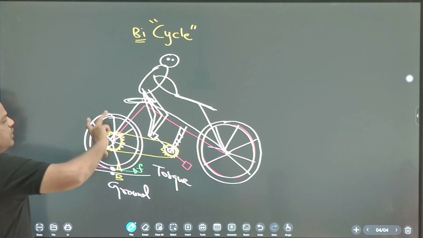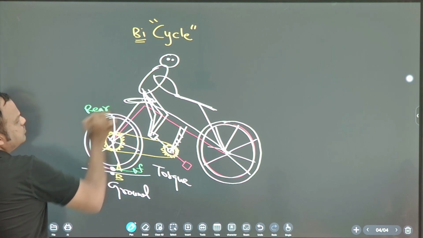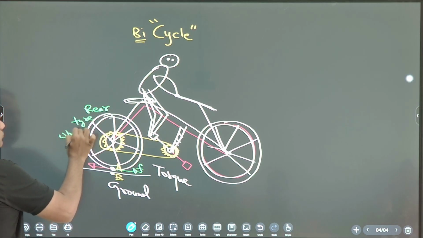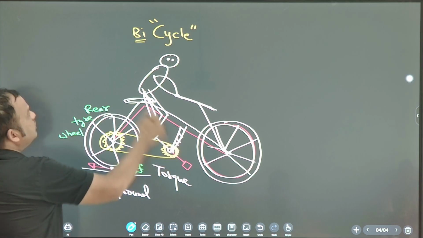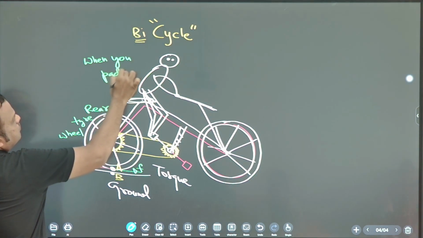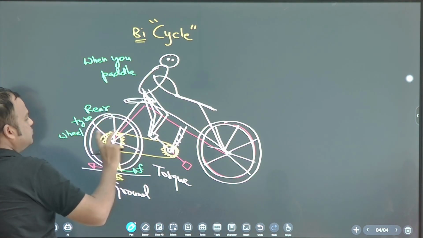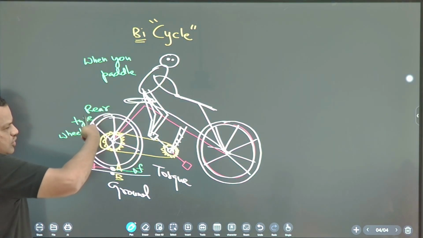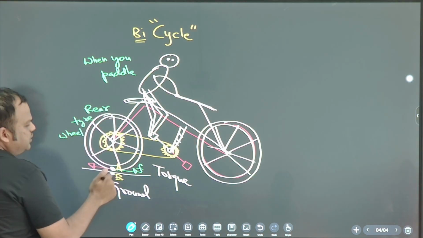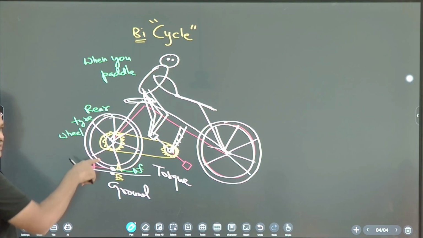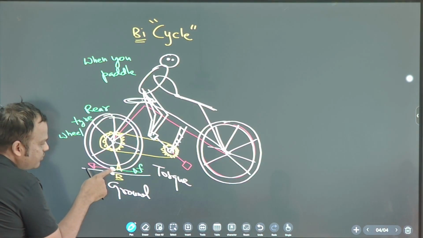Understood? So rear wheel. What is this wheel? Rear tire. Rear wheel. So when you pedal the cycle, the rear wheel is rotating. How is it rotating? Clockwise. So the lowest point is going where?